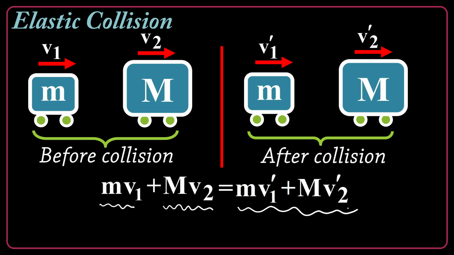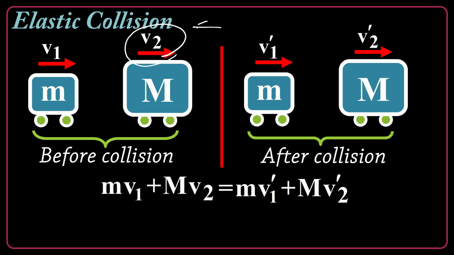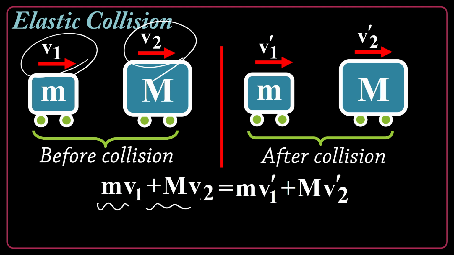Here be very, very careful, as momentum is a vector quantity. For example, if v2 is to the left, this is gonna be negative, okay? If one of them is to the left, as I suppose that positive direction is to the right, the left directed one will be the negative term. It's very important. Anyway, if I suppose that both are to the right, they have positive signs here.